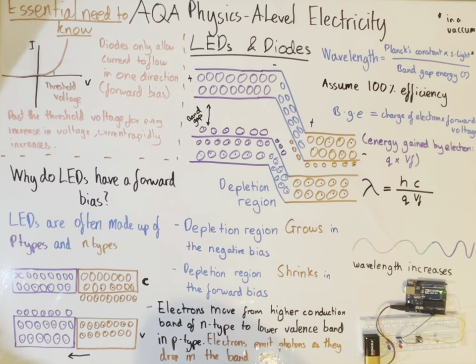So what happens is an electric field is created, which then prevents electrons from being in the conduction band, and it means that there's only electrons in the valence band. Okay, so they can no longer flow between these two points.